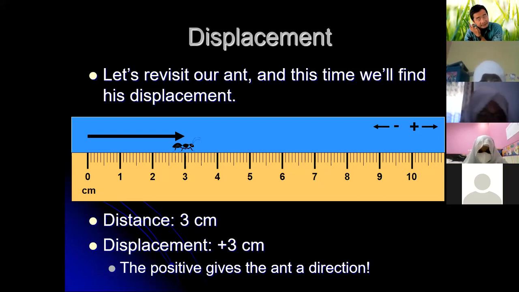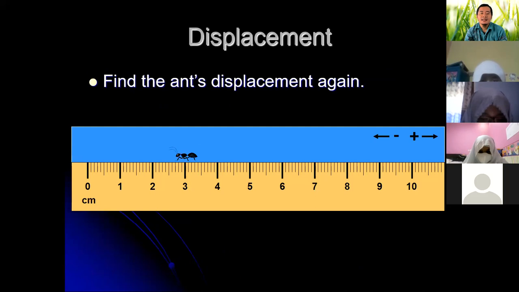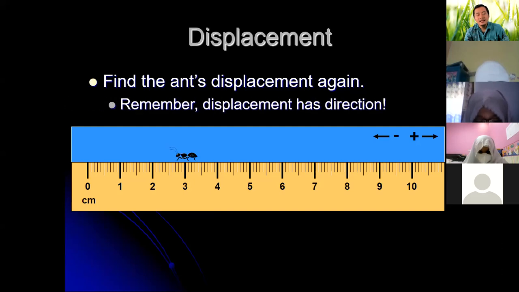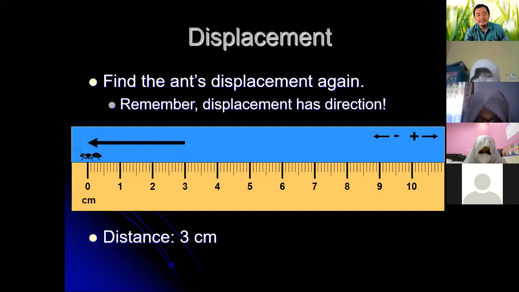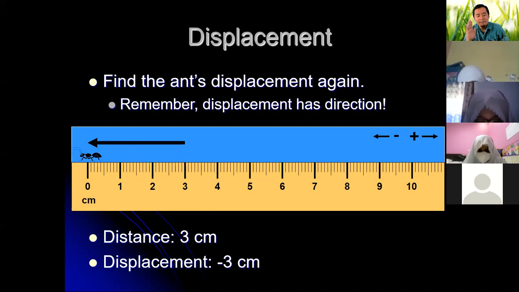So displacement must mention the direction. Find the man's displacement again. Now from 3 to 0, remember, displacement has direction. It means that the distance is 3 and the displacement is minus 3. So the direction is very important in displacement.